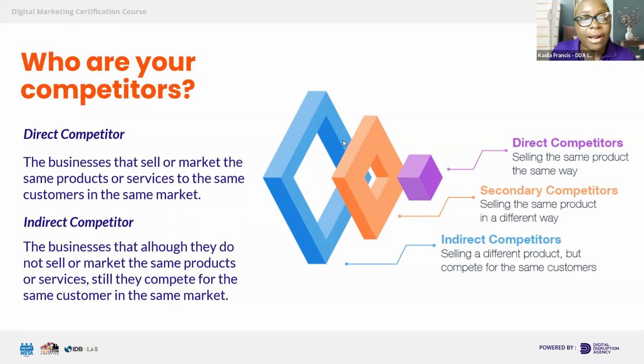What we're trying to figure out is who is a direct competitor and who's an indirect competitor, and it has nothing to do with who owns the companies. So a KFC could be owned by the same person or company that owns Pizza Hut.